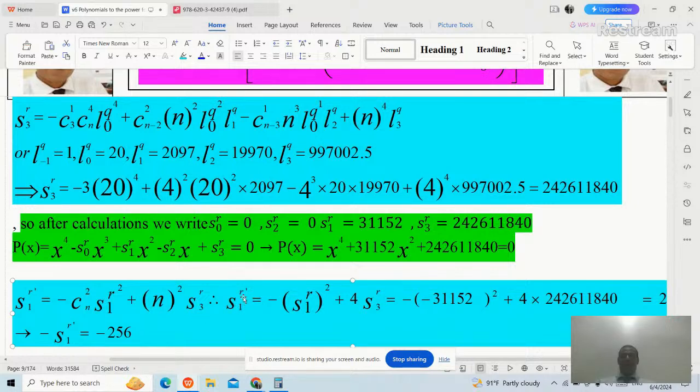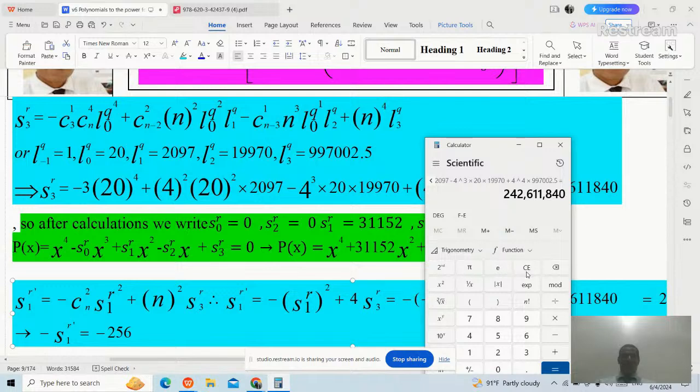S1 R dash equal, I will use my calculator, okay. I will make times 4, times this one times 4, minus 31,152 squared. This one equals what exactly? I'll check again.